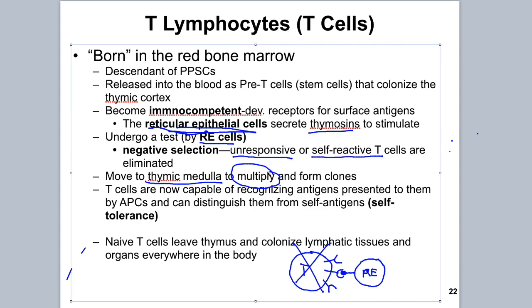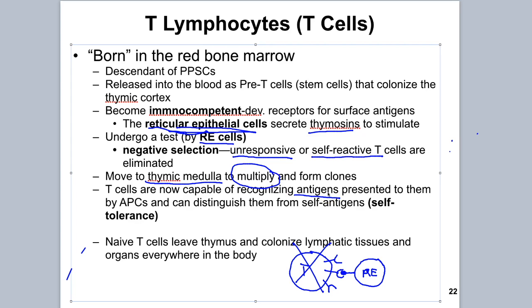And this is going to basically pack our body full of T cells, full of these T lymphocytes, so that if we encounter a pathogen, the T lymphocytes are there to begin an immune response against it. So now we have lots of T cells that are capable of recognizing foreign antigens, okay?